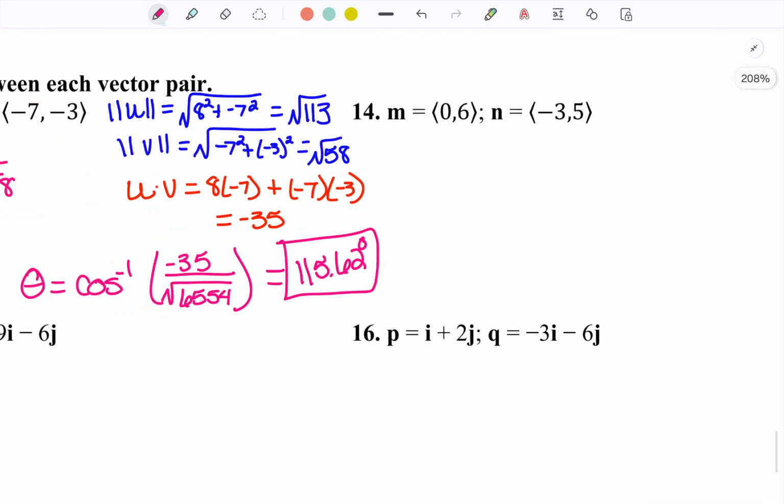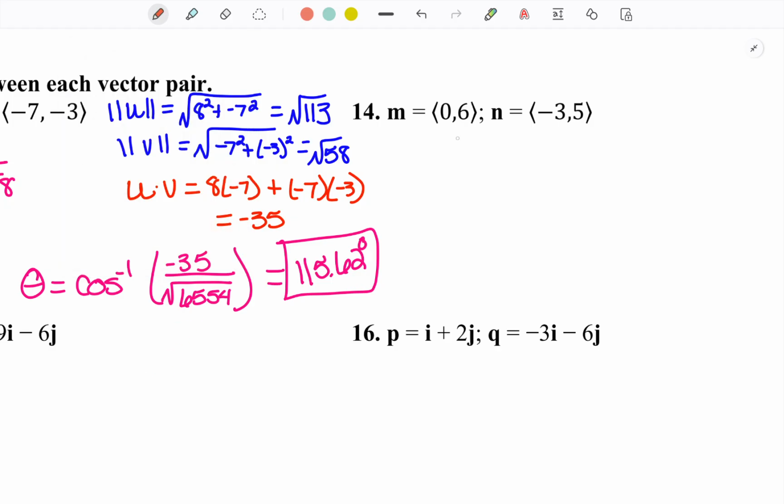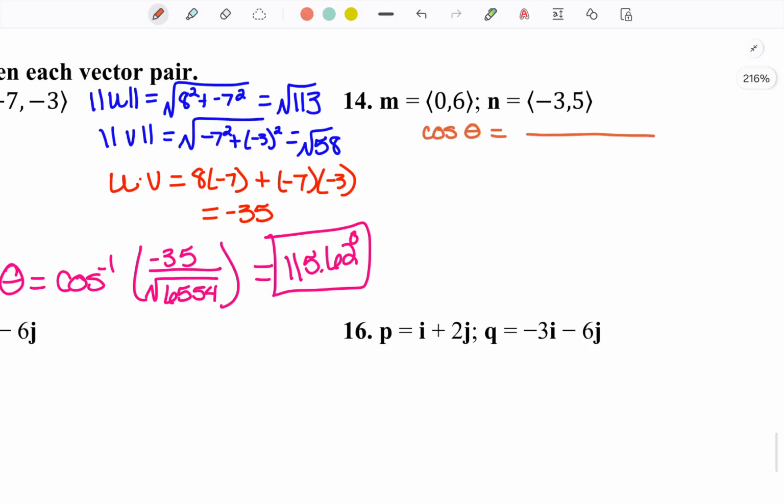All right, so if you wanted to kind of do all of this all at once, you could go ahead and say that your cosine theta is going to equal, and then we are going to put that dot product all together on top. So you'd have 0 times negative 3 plus 6 times 5. And then the bottom, you would have first the magnitude of m.